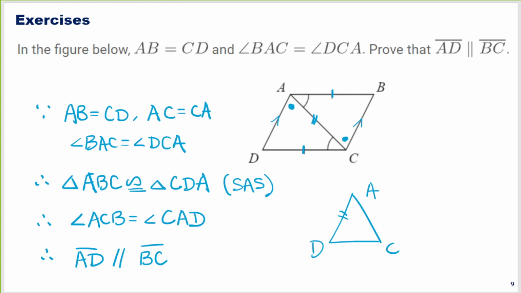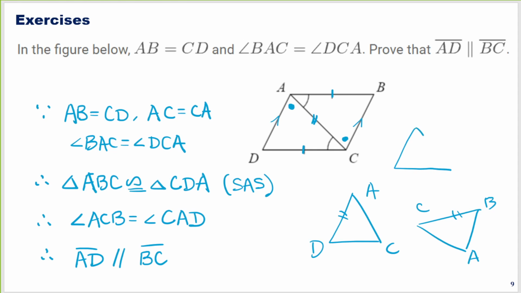This is your AD, right? And for example, this is your triangle CBA. Then this is BC here. They are exactly the same, right? So can you see these two lines are parallel with each other? Not necessarily, right? You can say they are equal, but they are not necessarily parallel.